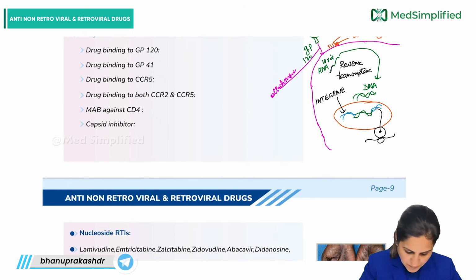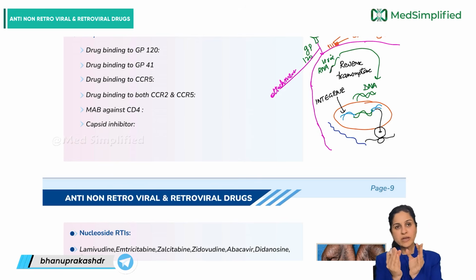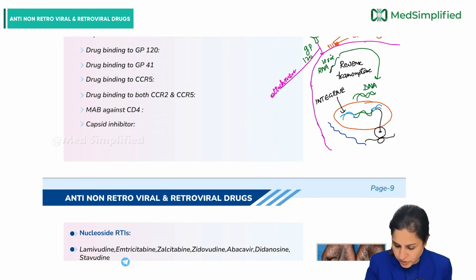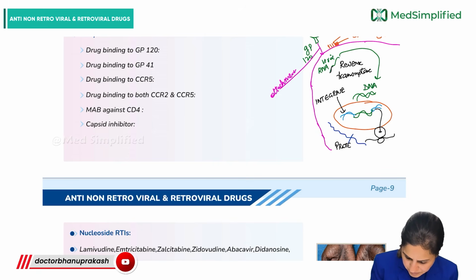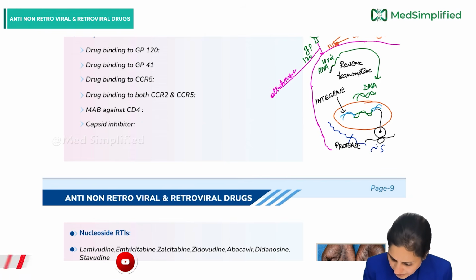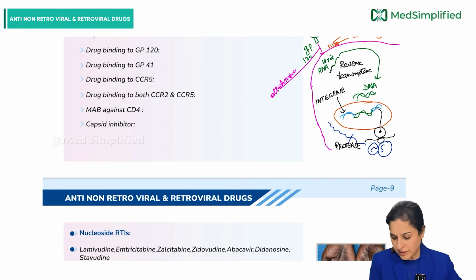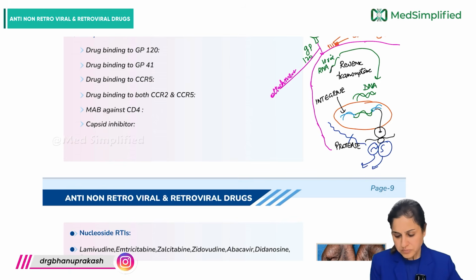They need to be now broken down into simpler, smaller proteins. And for that, we require protease. Then smaller proteins are formed and other viral components come together. Now these viruses are formed and then they're going to be released.